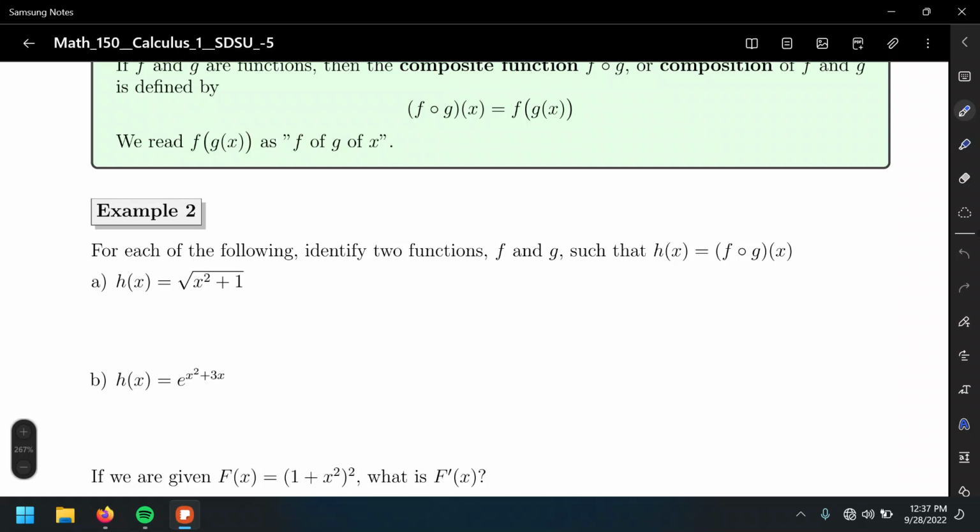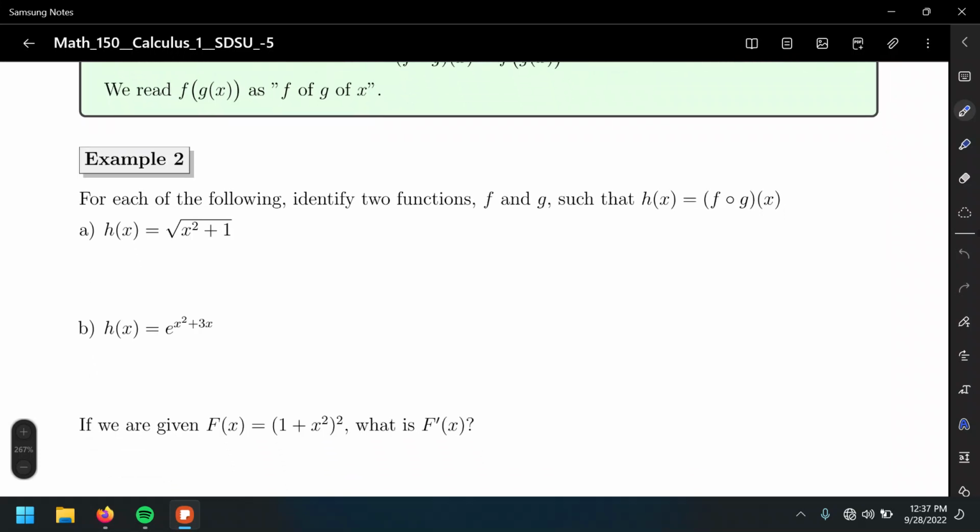You have an outermost function and then an innermost function, right? The outermost function is going to be our f of x, and the inner function is going to be the g of x. And even if we have anything more composite, there are smaller functions and innermost functions, etc. So let's identify those functions in this case.